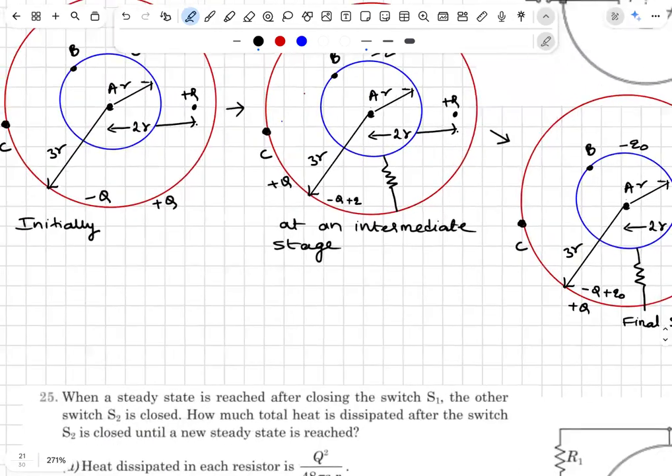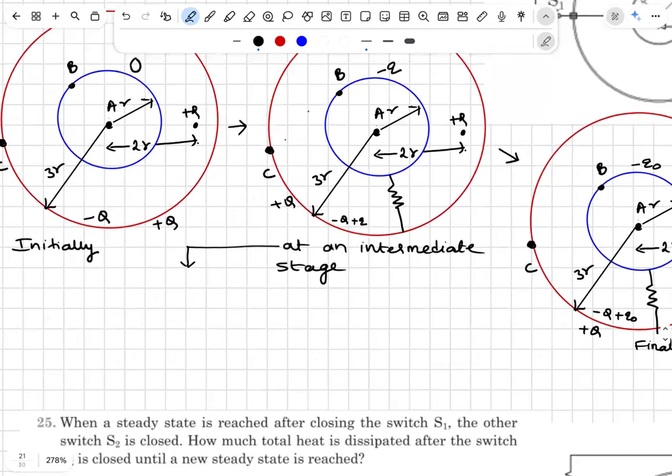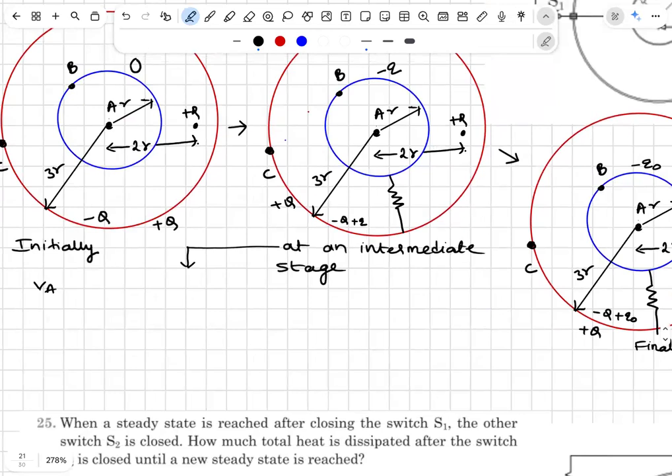In the intermediate stage, at any point of view, VA is the same as VB. I am speaking only at the intermediate stage. Now, please work.